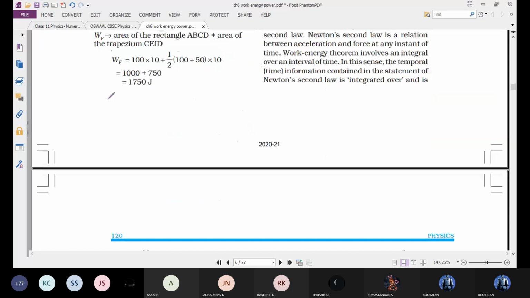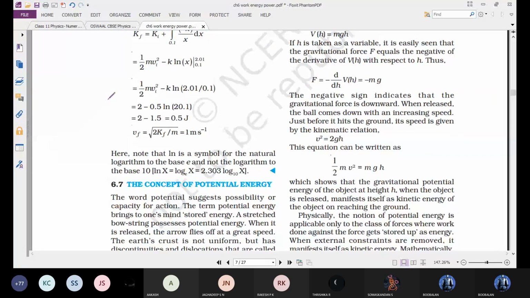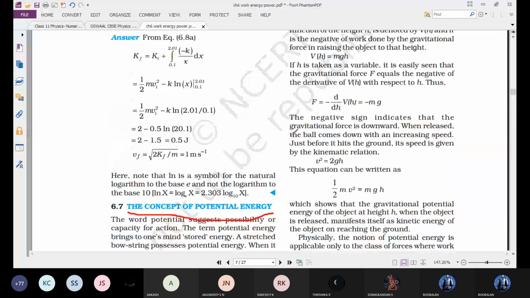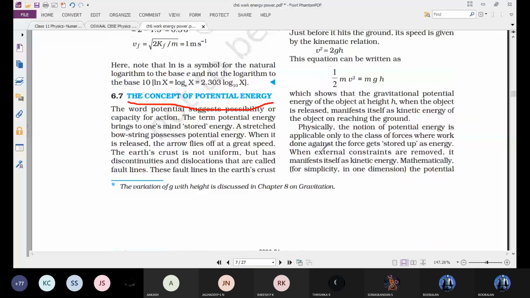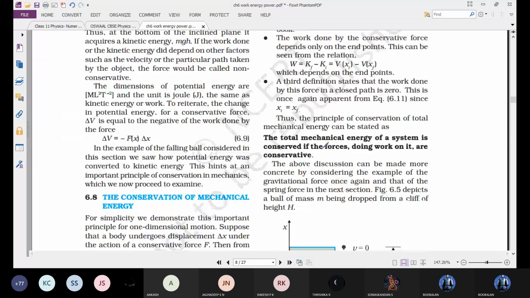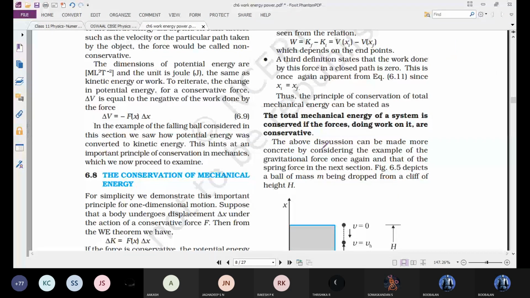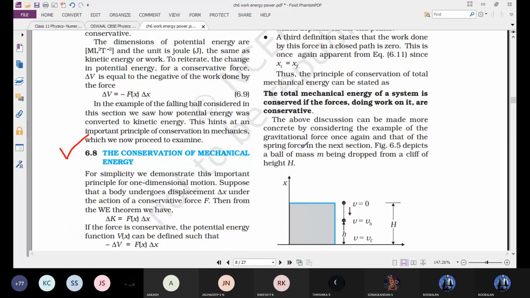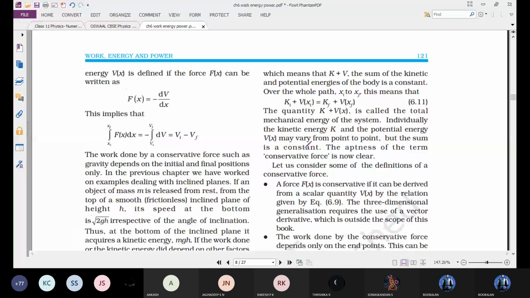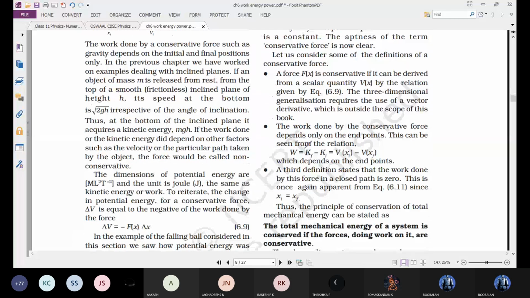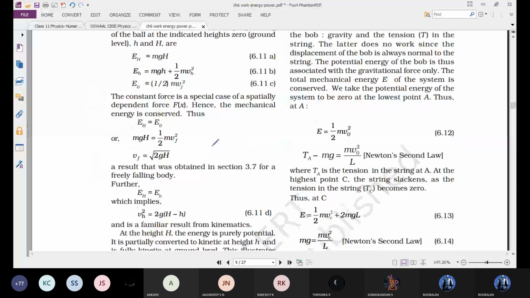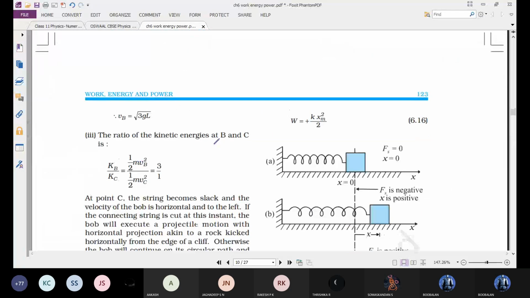The concept of potential energy, that mgh formula. Yeah, this one we want to discuss. The conservation of mechanical energy. Next, the potential energy of a spring, in this diagram relevant.